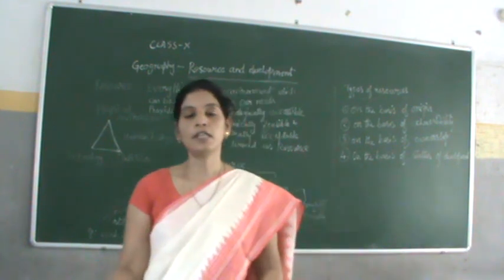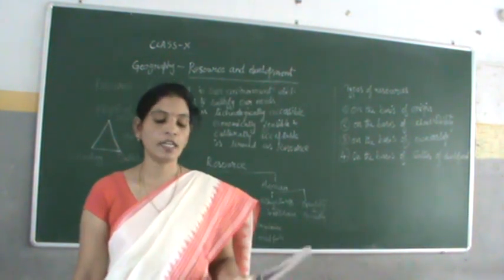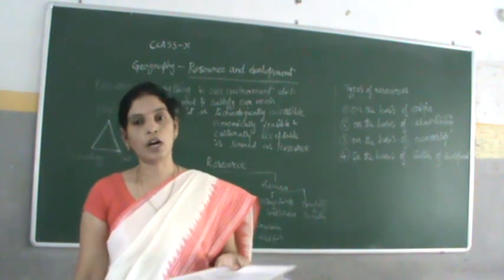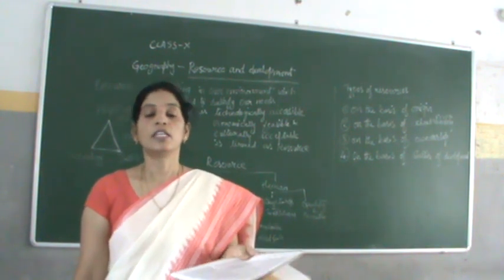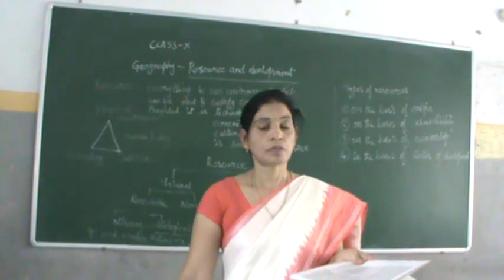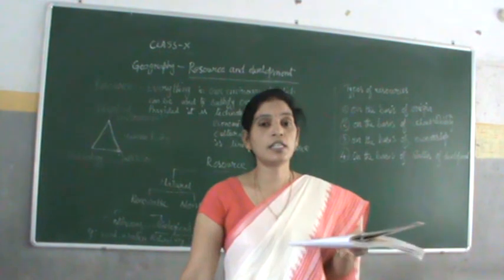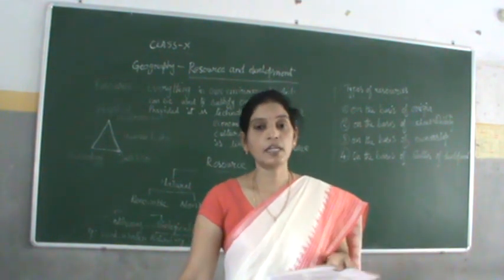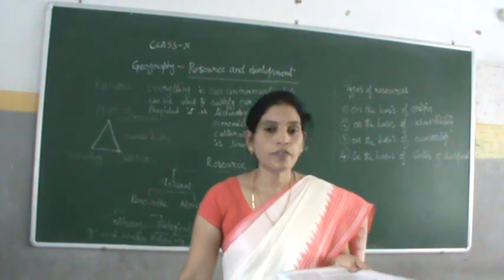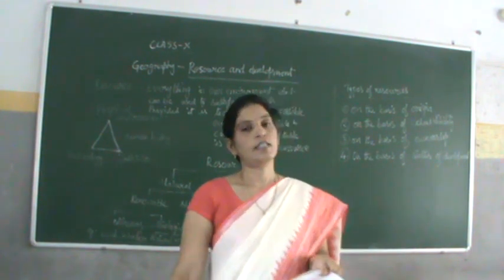We have also seen the different phases of their invasions and colonial rule, and how they depleted these resources, which has led us towards sustainable development, resource planning and conservation of resources. Thank you, children.